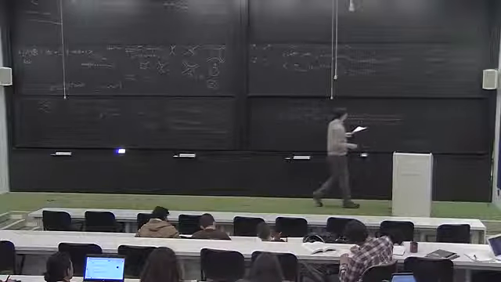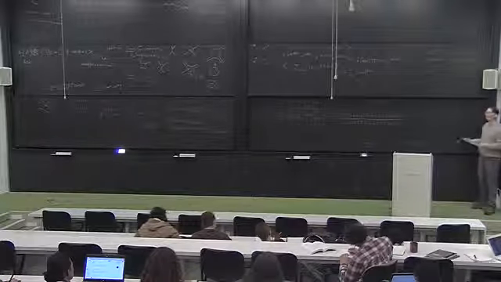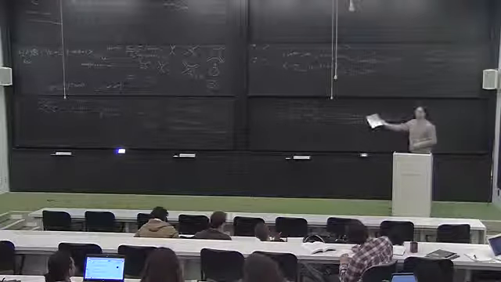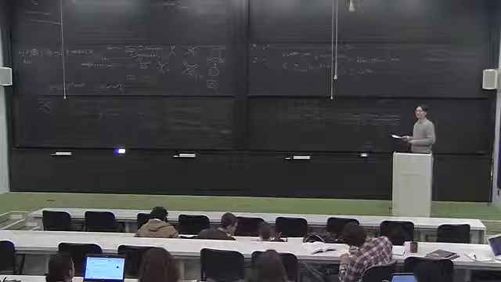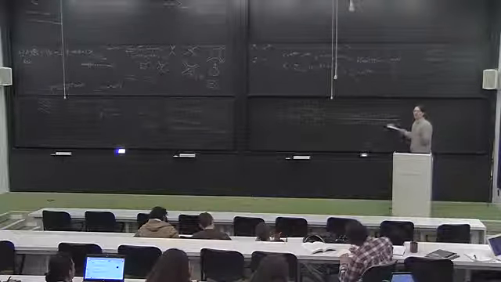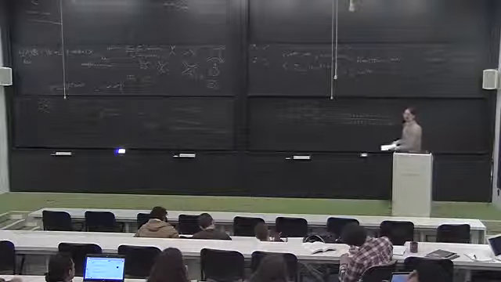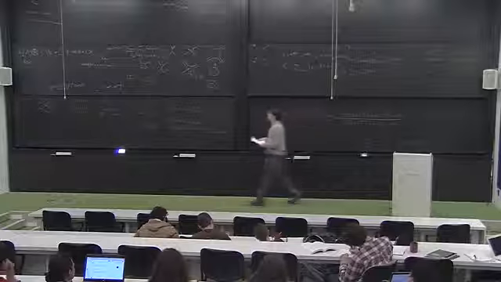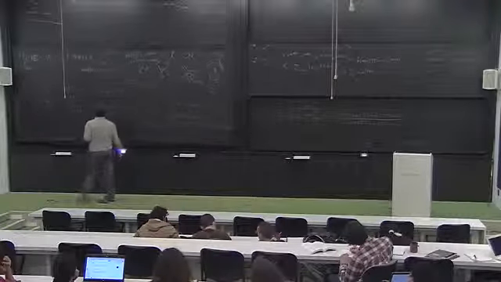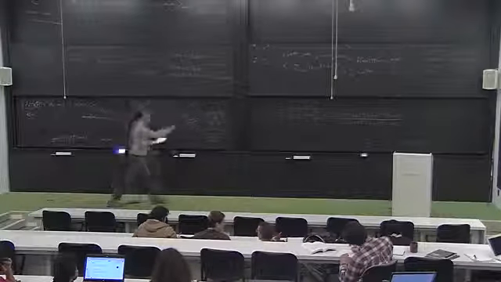Now let's pause for a bit and stare at this expression for a while. So, first of all, this expression is supposed to take into account all possible processes in string theory where at tree level two tachyons come in and two tachyons come out.